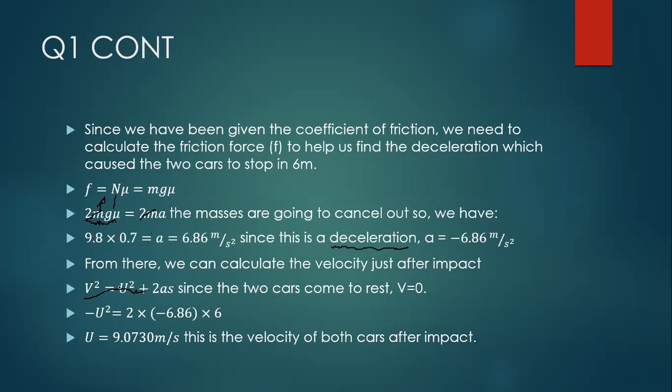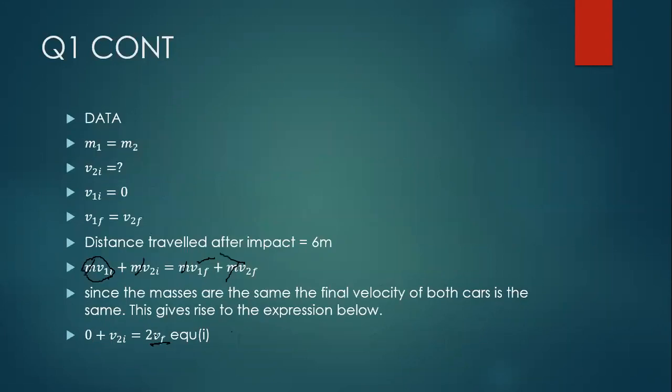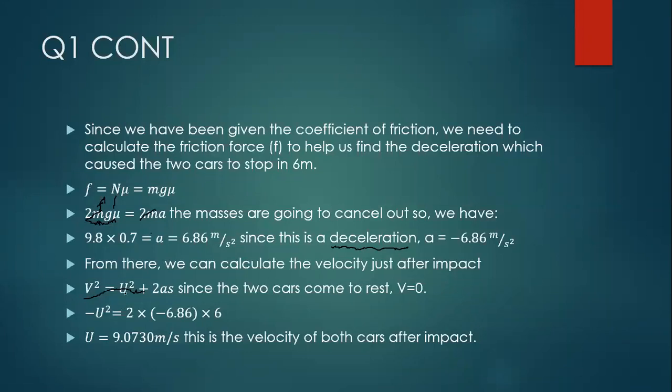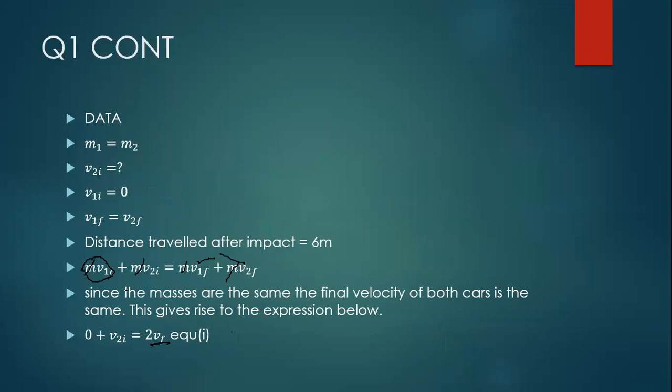So this u is just an initial velocity that we have picked to say, from this point after impact, our initial velocity will be this final one. Here we have put it as final velocity, but here it will be our initial velocity because we are dealing with after impact. This equation is before impact, and this is after impact.